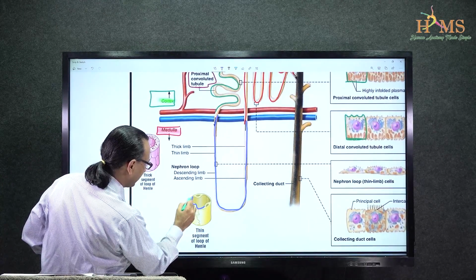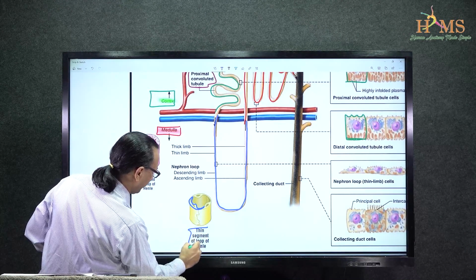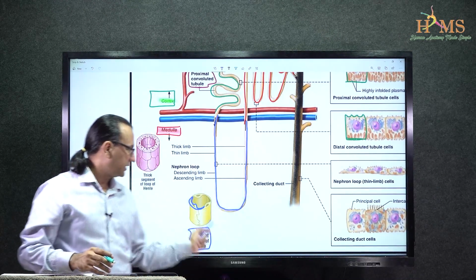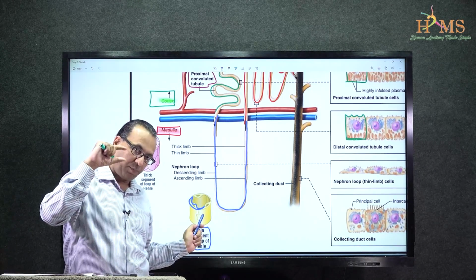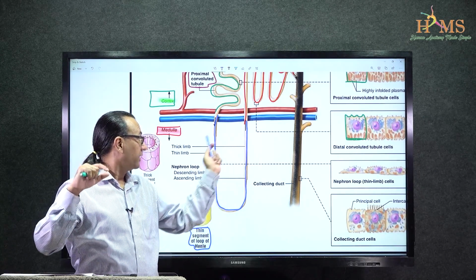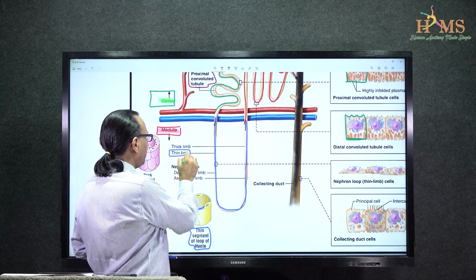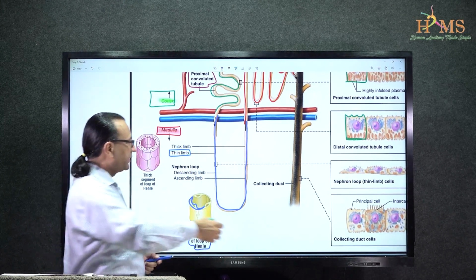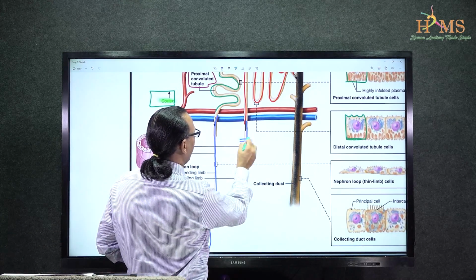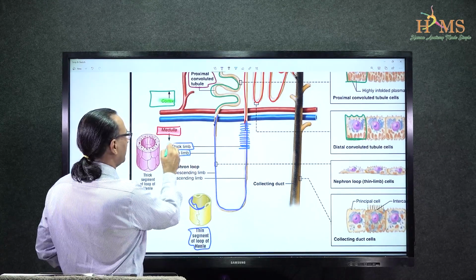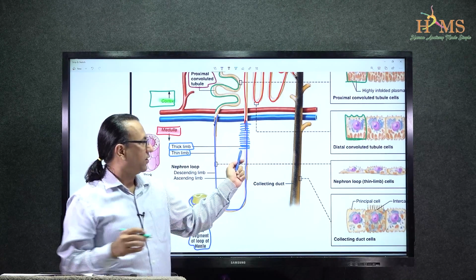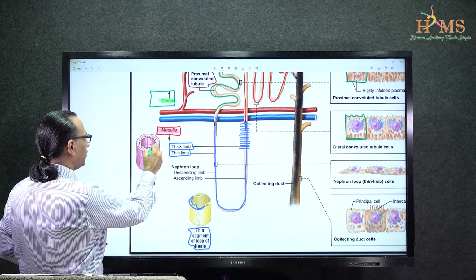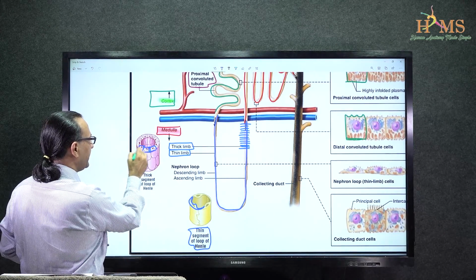Here, the flat epithelium. But then loop of Henle will have mostly a thin segment, but there is a small portion which is thick segment also. Now, thin limb of loop of Henle is simple squamous, but if somebody specifically is talking about the thick limb, then you have to be careful because there the epithelium changes into low cuboidal epithelium.